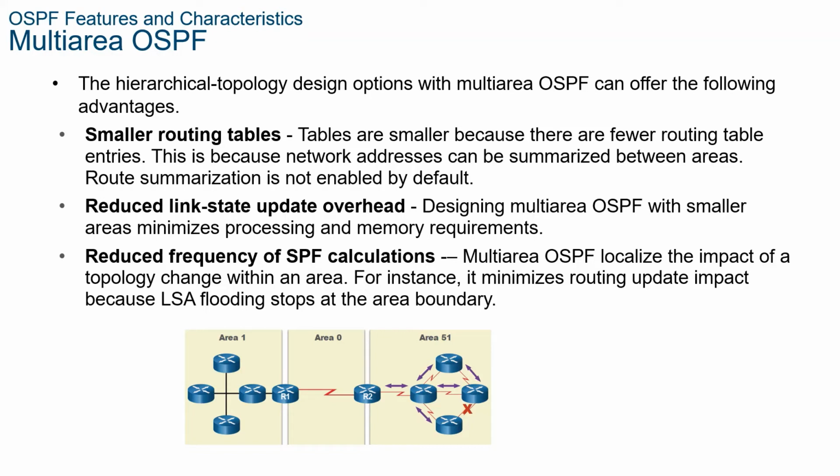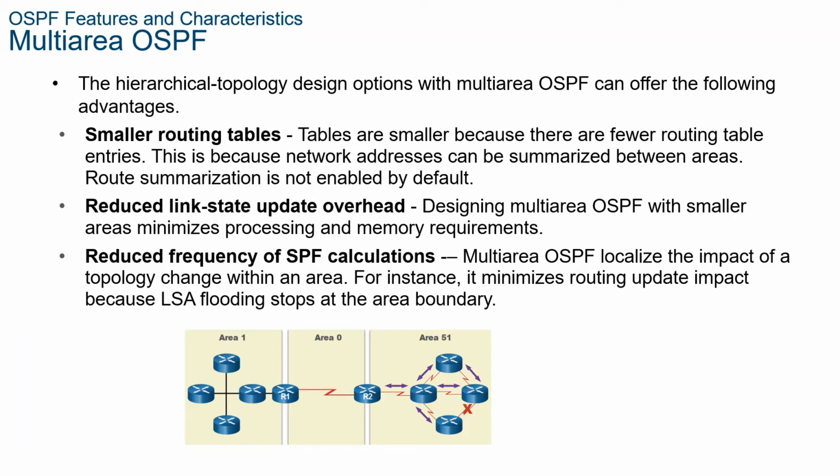The SPF algorithm is CPU intensive, and the time it takes for the calculation depends on the size of the area. Routers in other areas receive updates regarding topology changes, but these routers only update the routing table, not rerun the SPF algorithm.